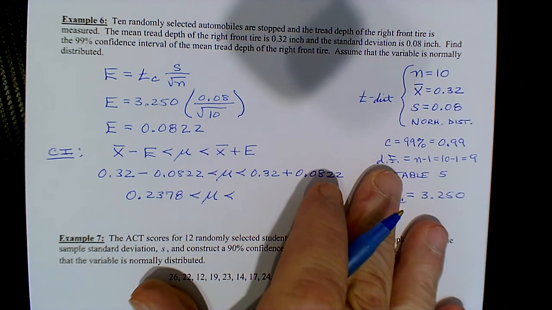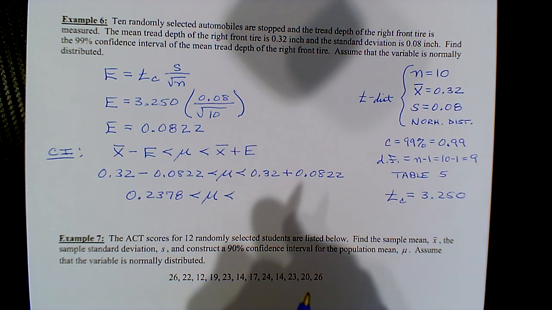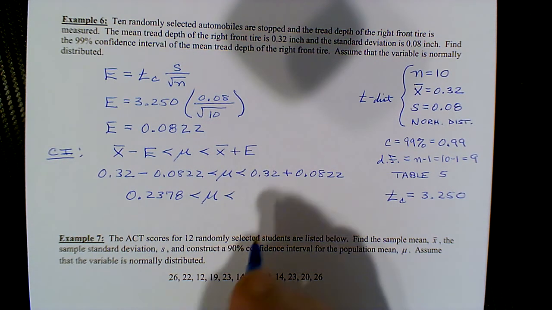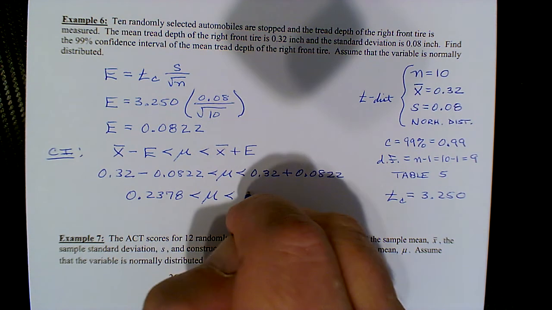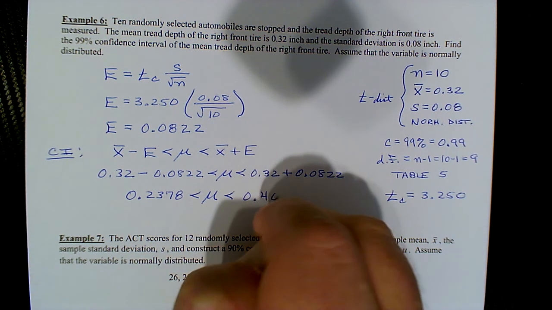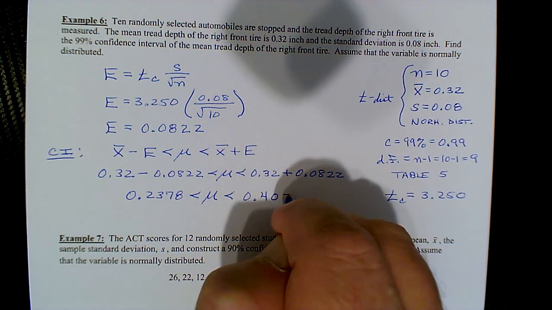Alright, so one final example, which is actually kind of a classic, because they don't give us the sample mean or the sample standard deviation, they just give us a list of the data.